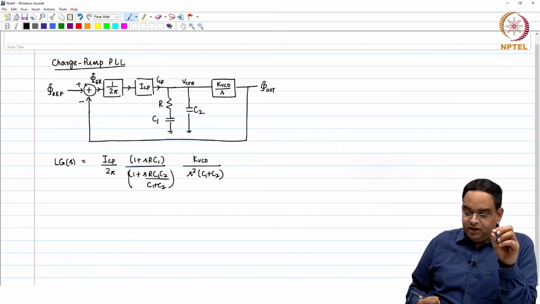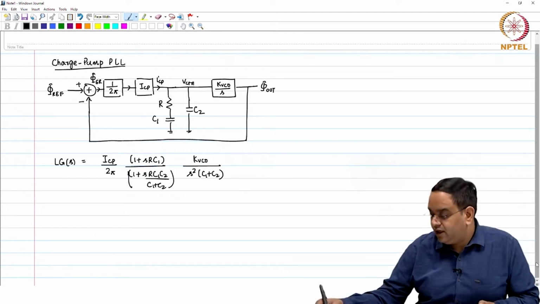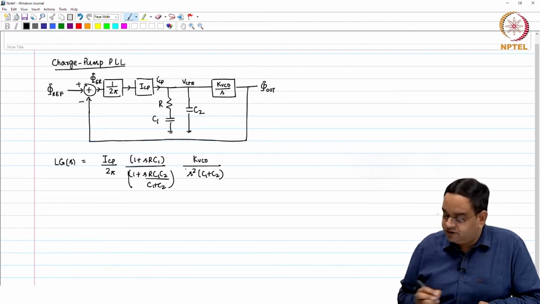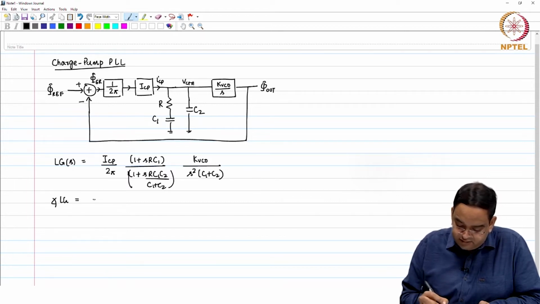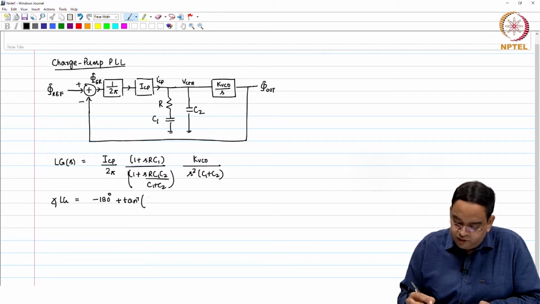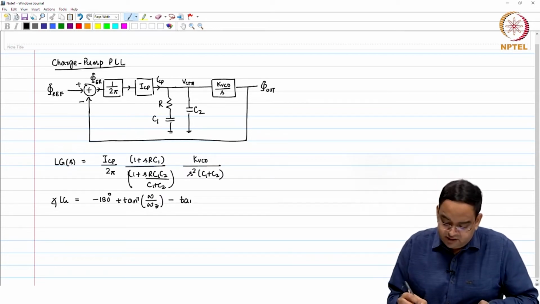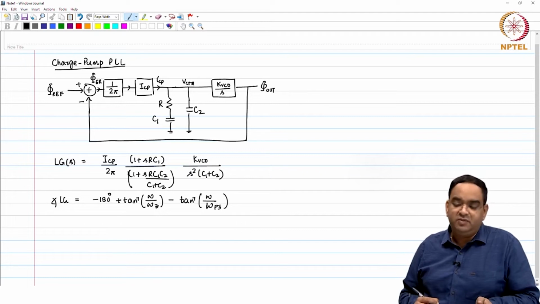So, for the given loop gain earlier we found that we need to worry about the phase margin for this, and I wrote angle of loop gain as minus 180 degree plus tan inverse of omega by omega z, where omega z is equal to 1 over RC1, minus tan inverse of omega by omega p3, and omega p3 is 1 over RC1 C2 by C1 plus C2.